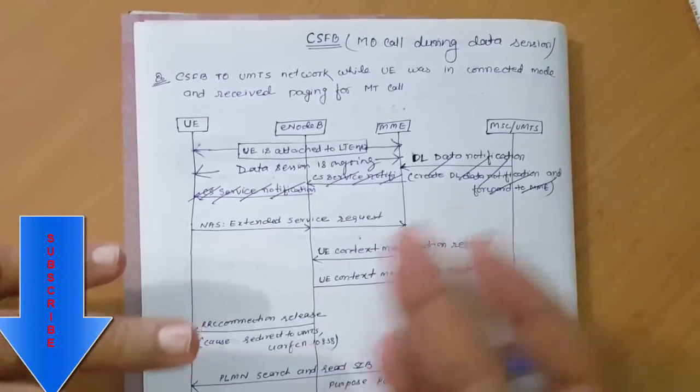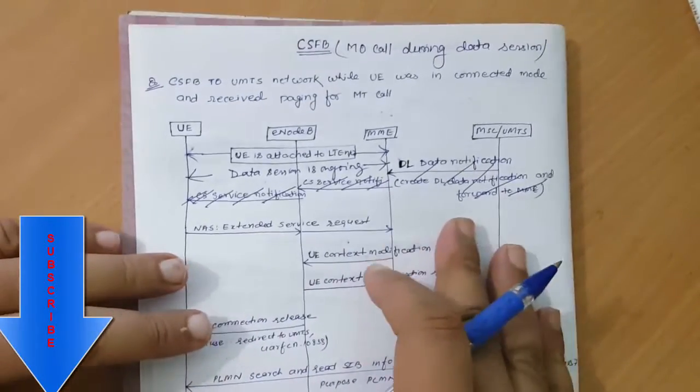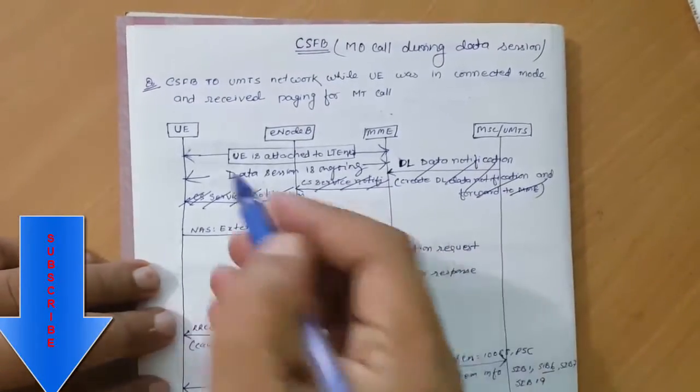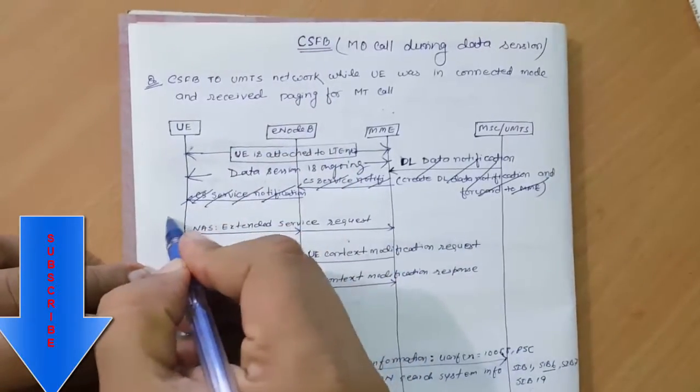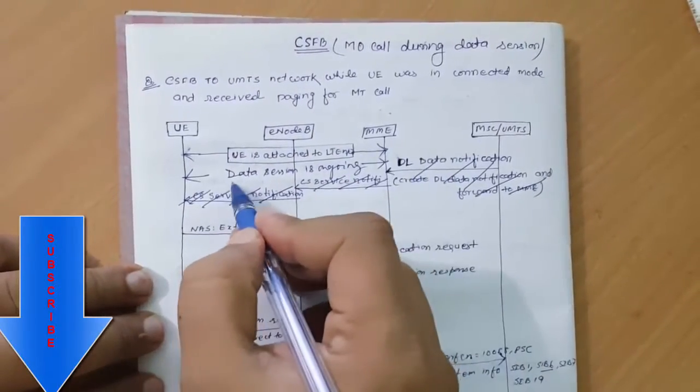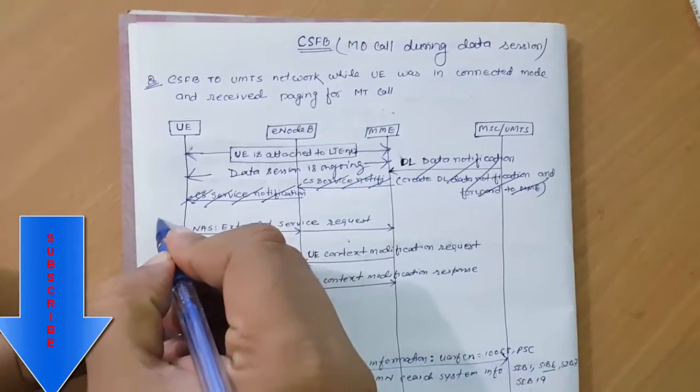At that time, when the UE is going to do the MO call, what will happen? Suppose the UE is attached to the LTE network and the data session is ongoing.